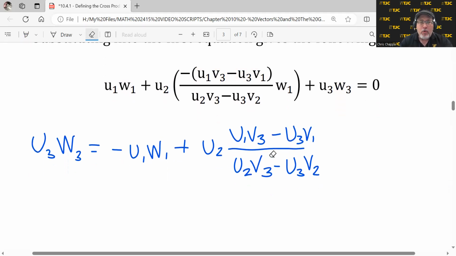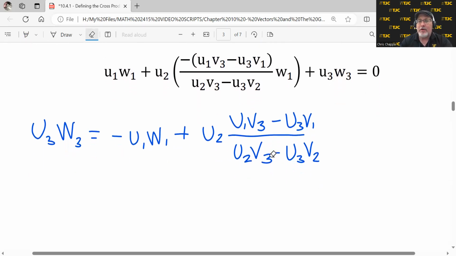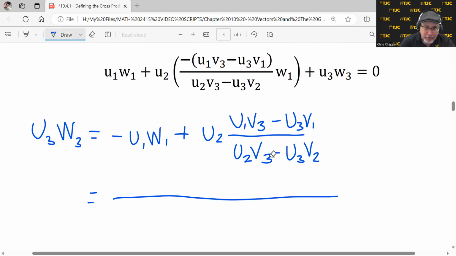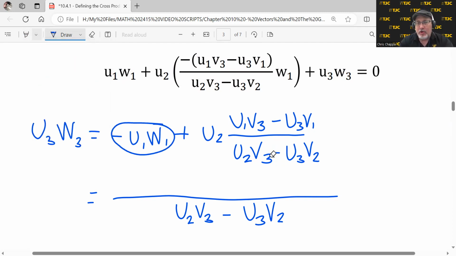All right, before we solve for W3, I think it would be in our best interest to try to simplify this expression on the right. And being a fraction, I want to get a common denominator. The common denominator will be U2 V3 minus U3 V2. And in order to get that common denominator, the part that's not a fraction needs to be multiplied on the top and bottom by the common denominator. That will put that circle term multiplied by the denominator.